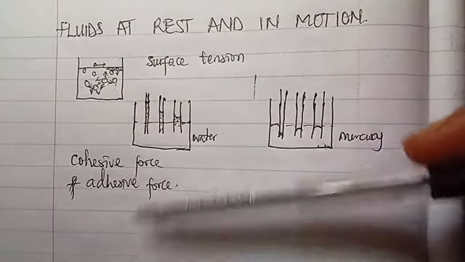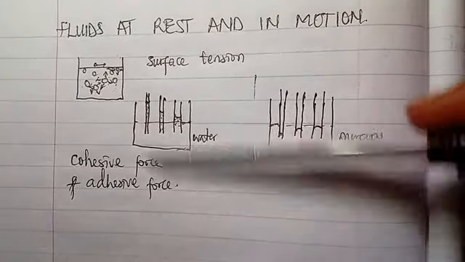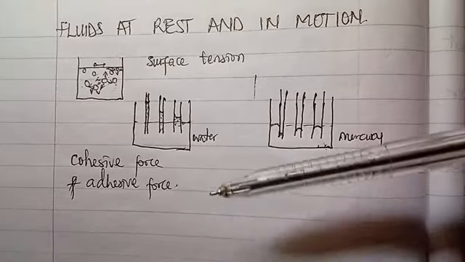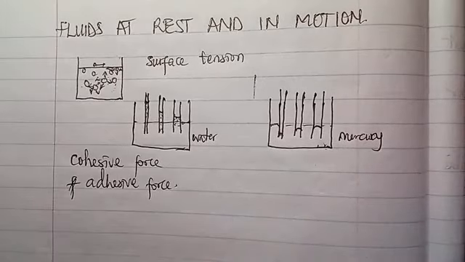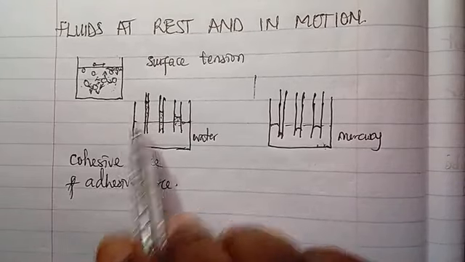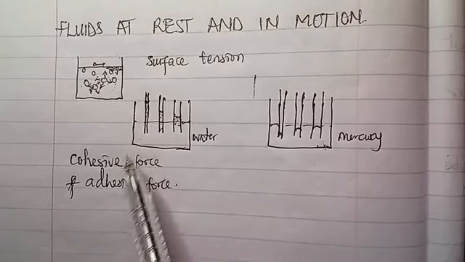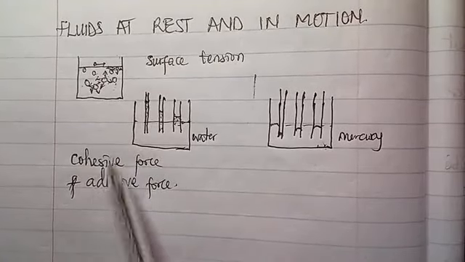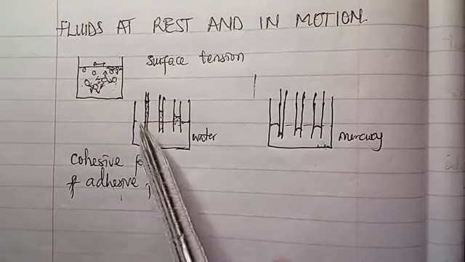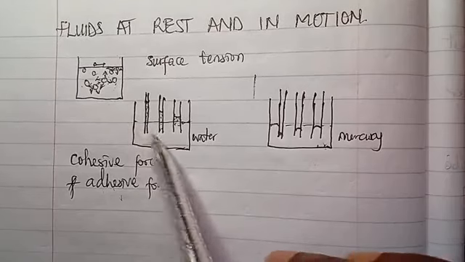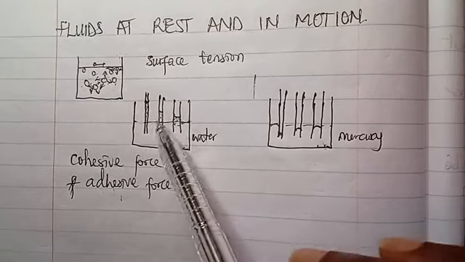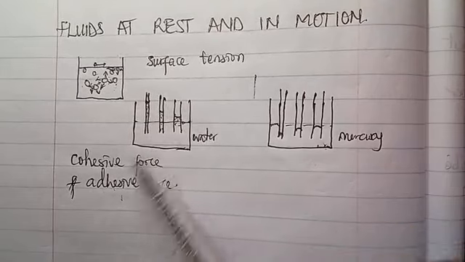Now, how do these two forces affect the rise or fall of liquids in narrow or capillary tubes? That's capillarity. Let's start with water. Each of these liquids has these two different forces: a force of attraction between molecules of water, that's cohesive force, and a force of attraction between molecules of water and the molecules of the glass tubes that we have here.